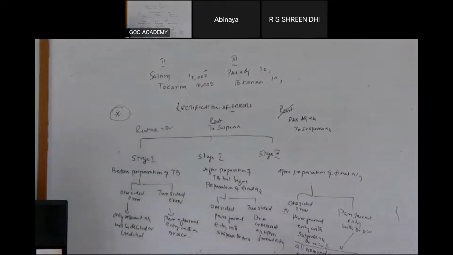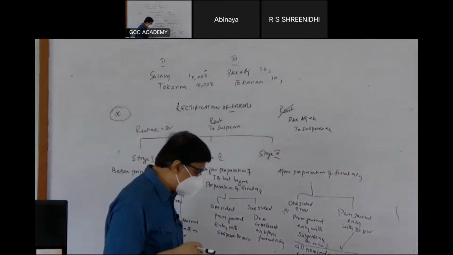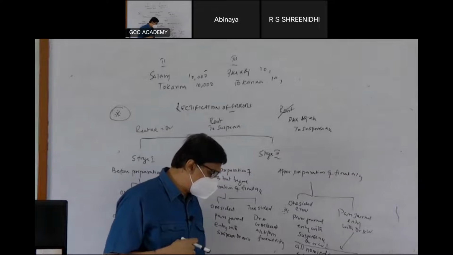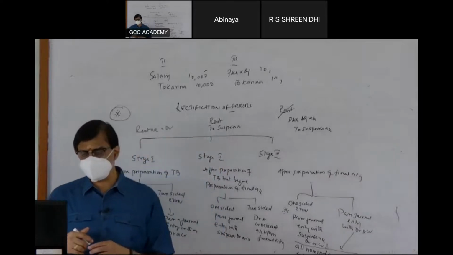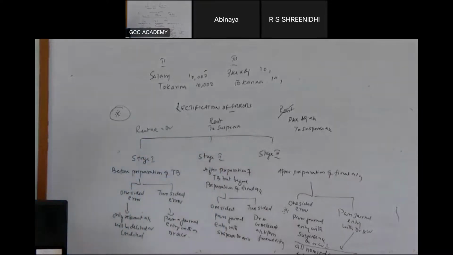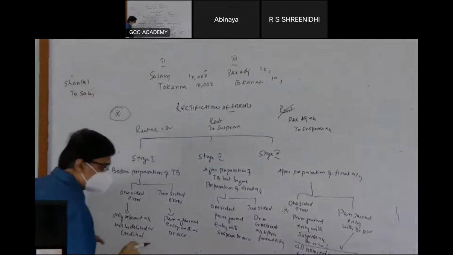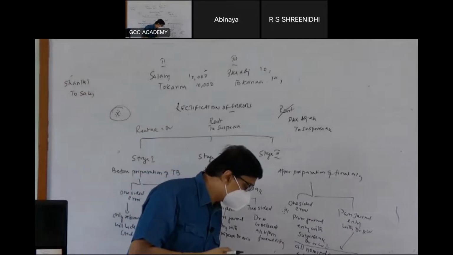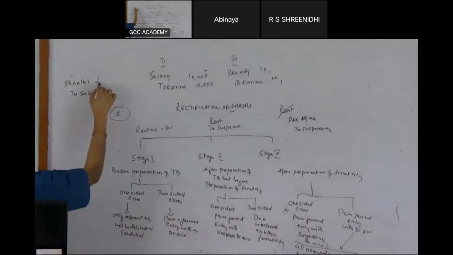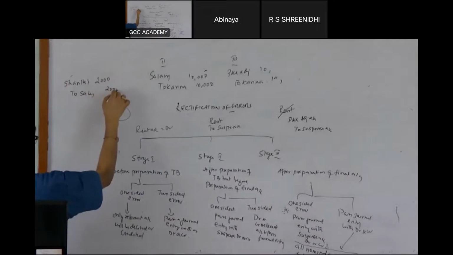So the first entry, how would you rectify that? It is about a sale of 2,000 to Shanti and Co. that was credited to their account. Normal sale entry, the correct entry: Shanti to sales, 2,000.